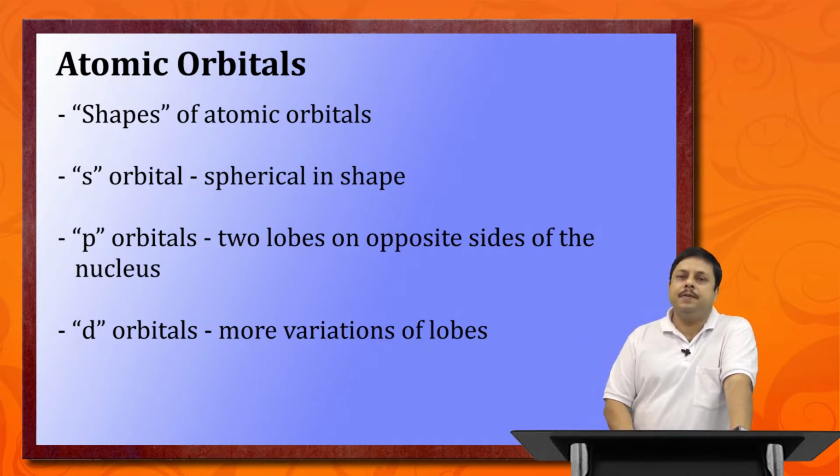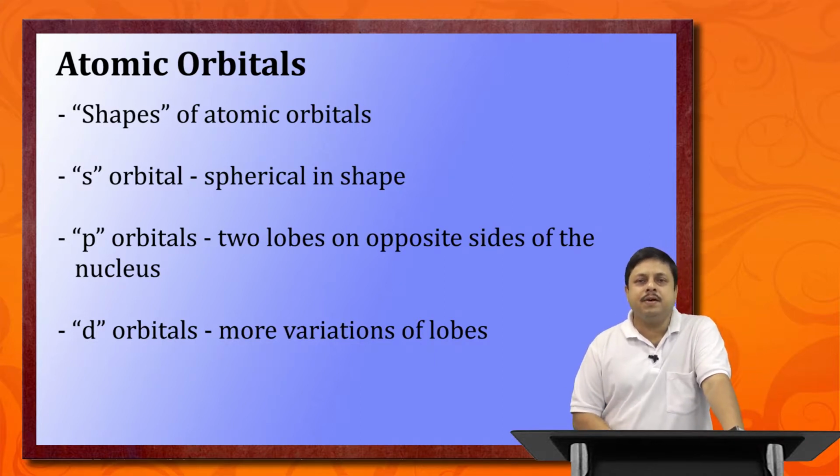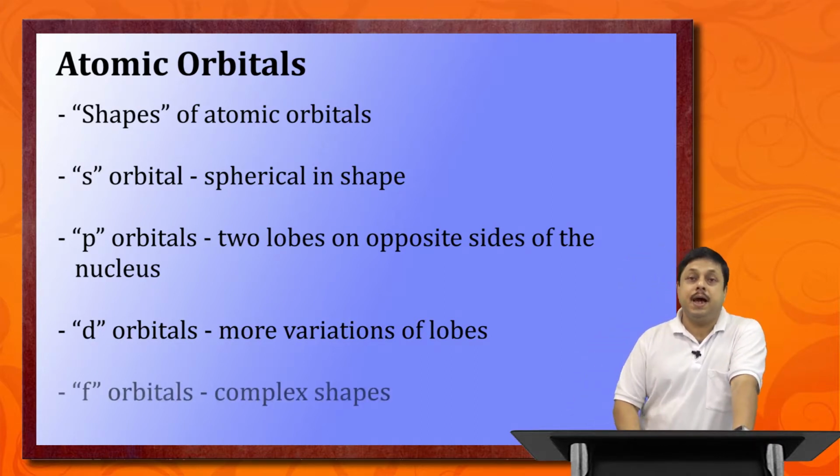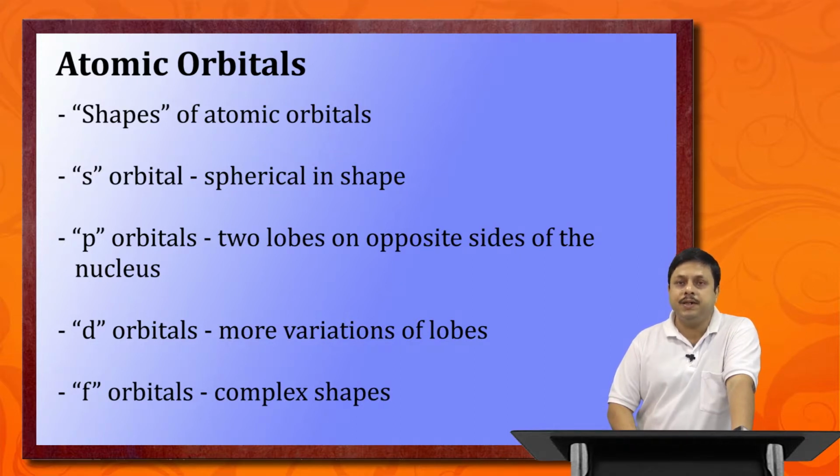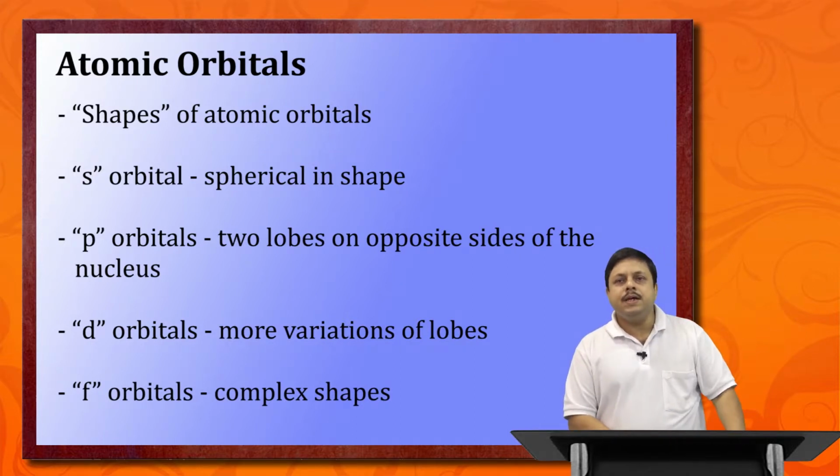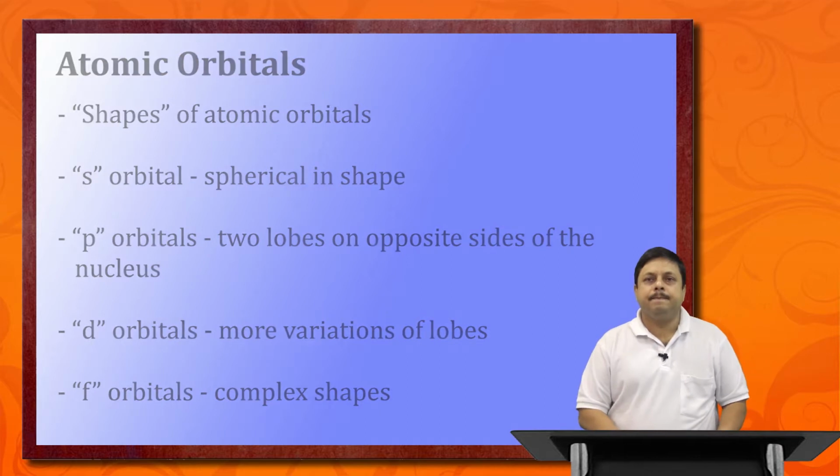You can have four such lobes, and there is one d orbital which we know as the dz square orbital. This has two lobes and a Saturn-ring kind of structure in it, and f orbitals are genuinely complex in structure.